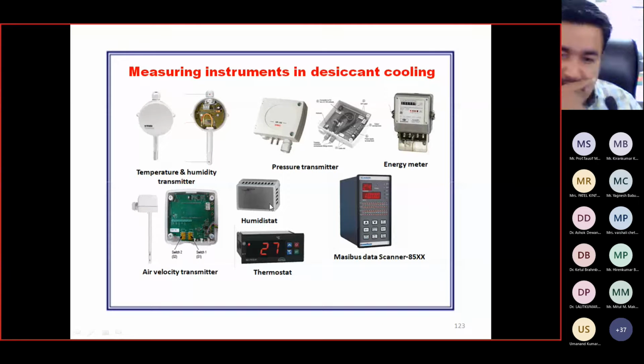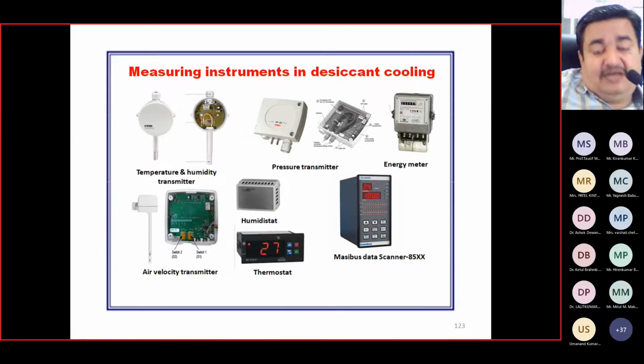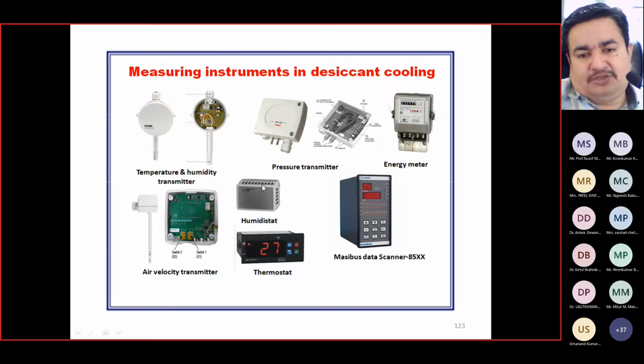A humidistat controls the humidity inside the room, whether the desired humidity has been achieved. The humidistat gives a signal to the motor to shut off the wheel. A thermostat controls temperature monitoring.